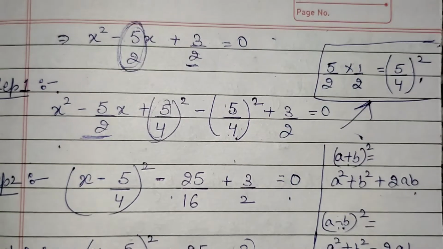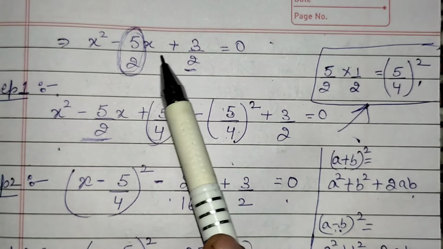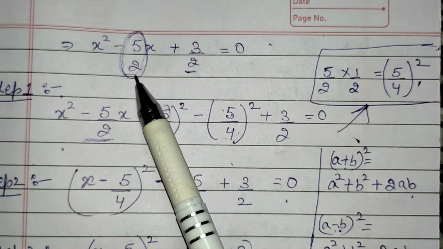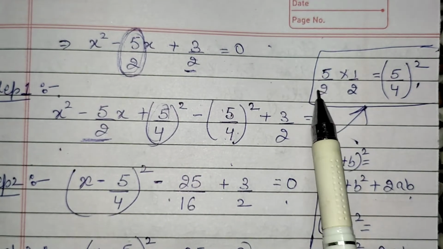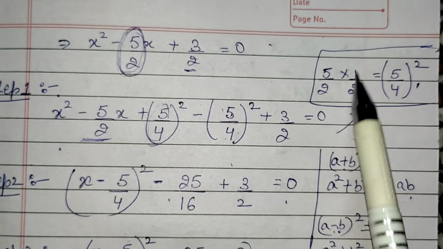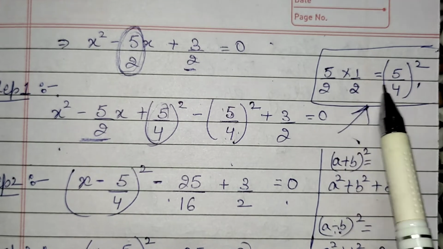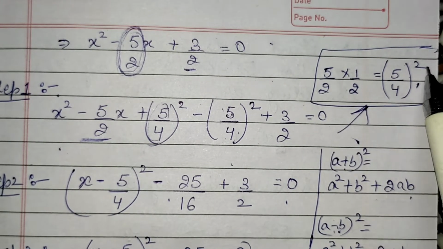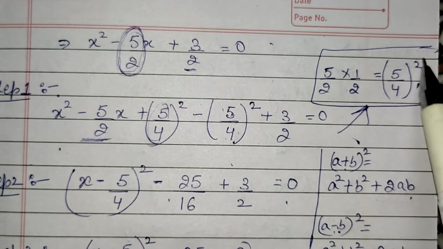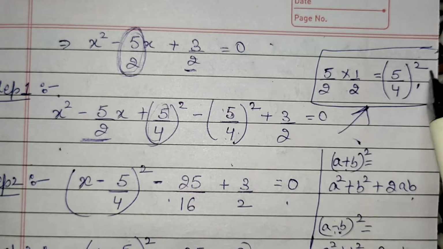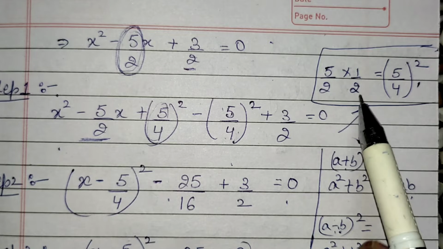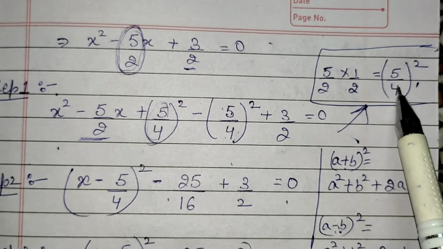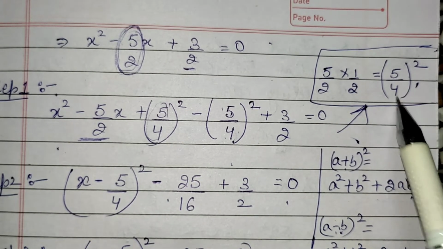The next step is what? You have to take this coefficient 5 by 2 and take half of this coefficient. 5 by 2 into 1 by 2 is equal to 5 by 4, and then you have to take the square of this value. These are the similar steps which you have to follow in each and every question while solving a quadratic equation using completing the square.